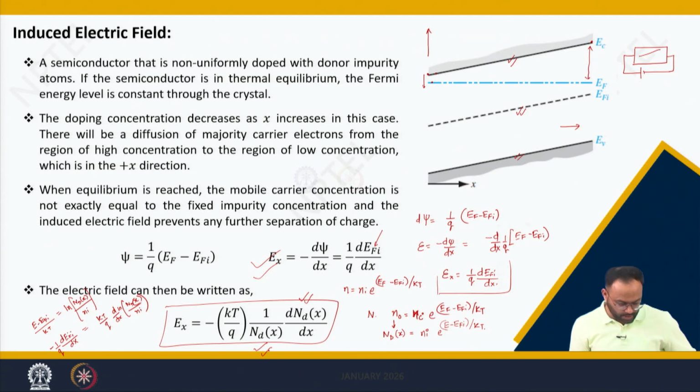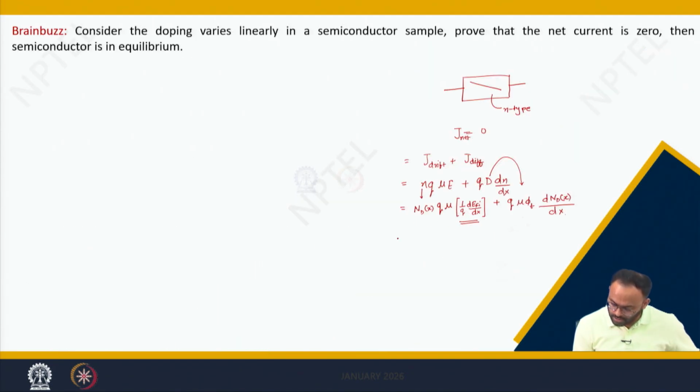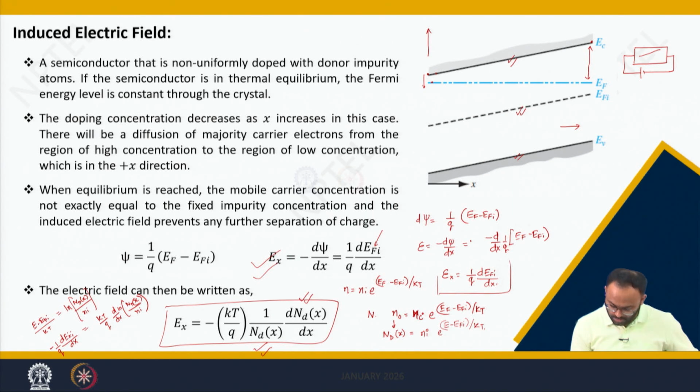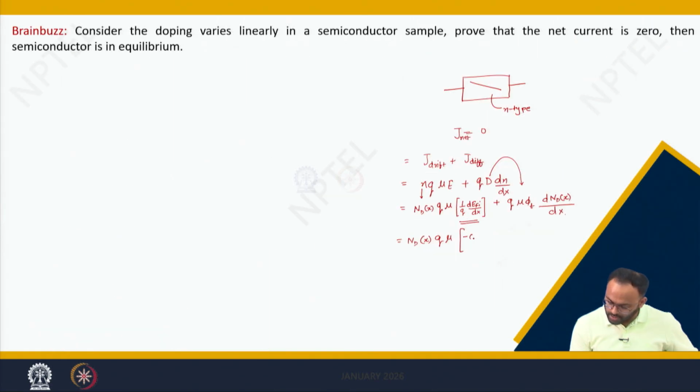So we simply replace: Nd(x) q μ times minus of φt by Nd(x) into dNd(x)/dx, plus q μ φt dNd(x)/dx.